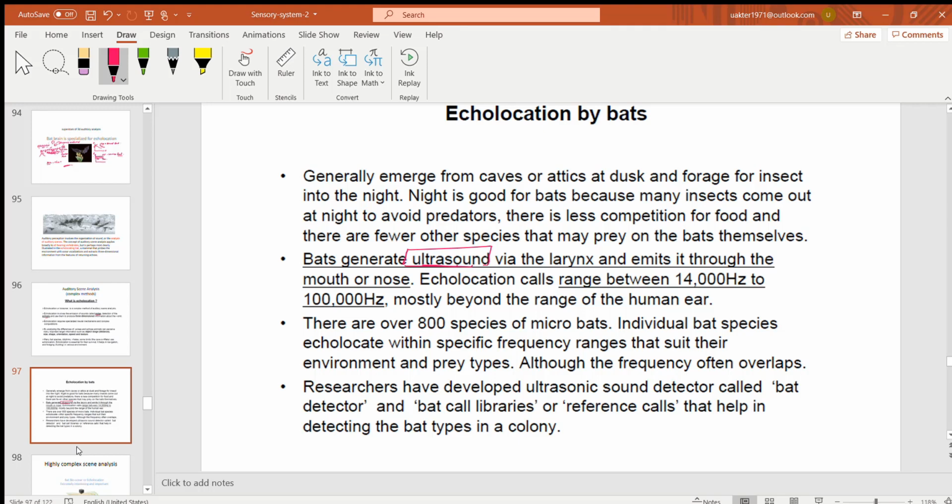And as I mentioned, they use mouth and nose, and the echolocation calls or pulses range between 14 kilohertz to 100 kilohertz, and you know that our maximum limit is 20 kilohertz. So most of the sounds they make for echolocation are beyond our audible sound or capacity.